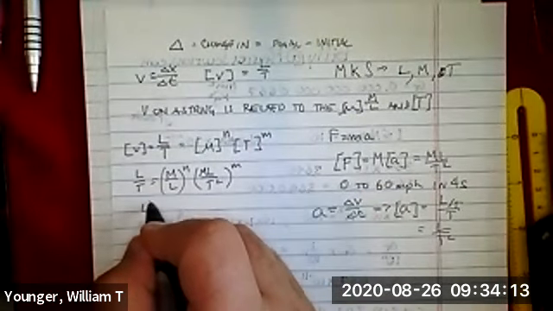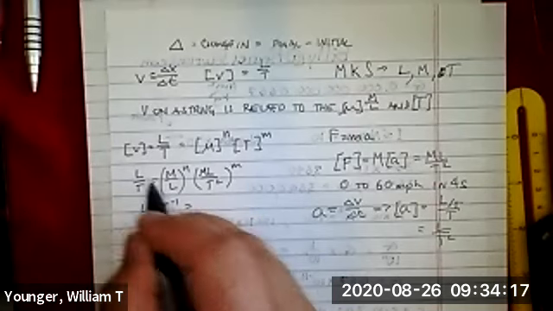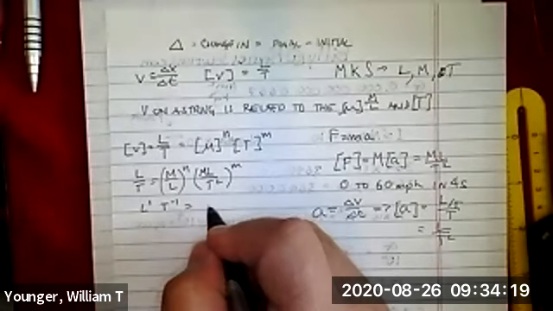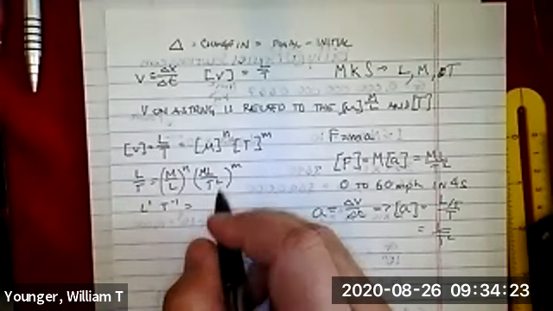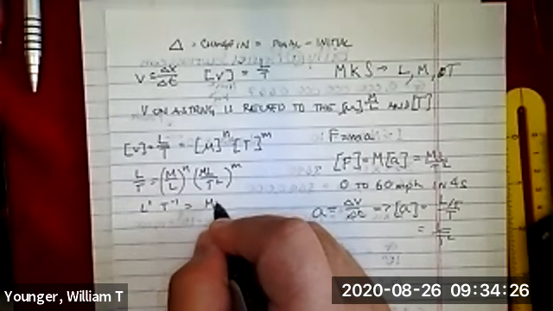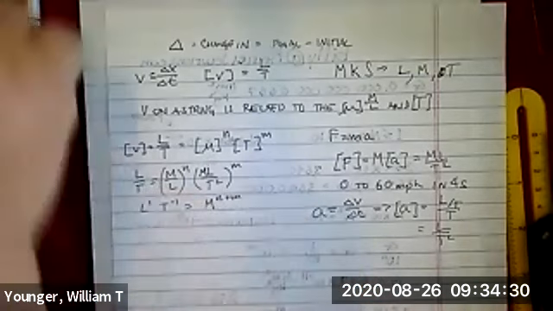So I got L to the 1, T to the minus 1, notice that's the same thing as T being in the bottom, is equal to, here I have an M to the n power and an M to the m power, so this is M to the n plus m power for just the M's.